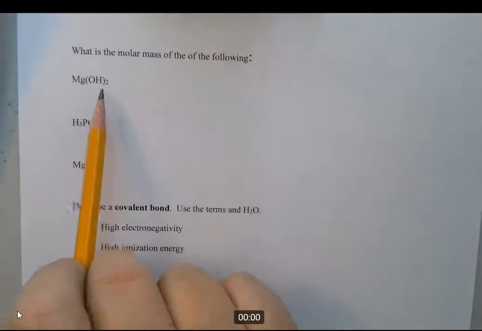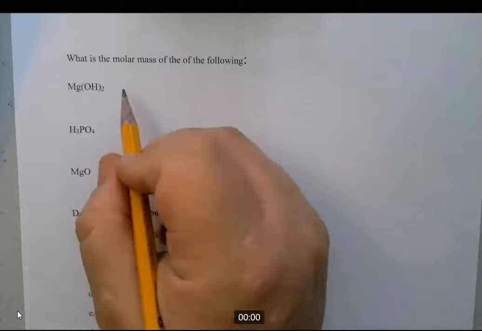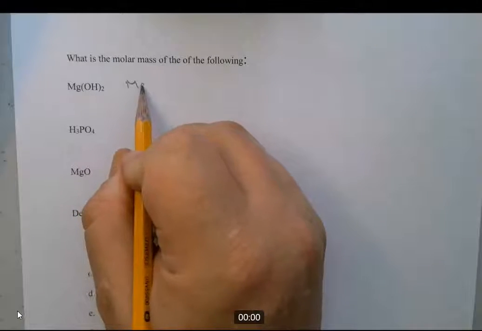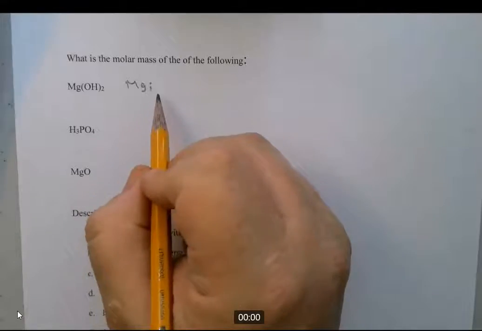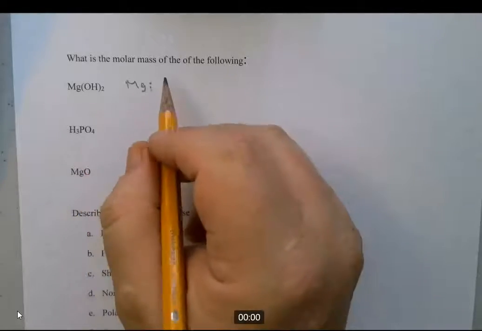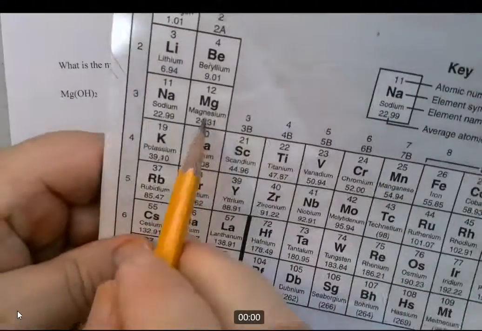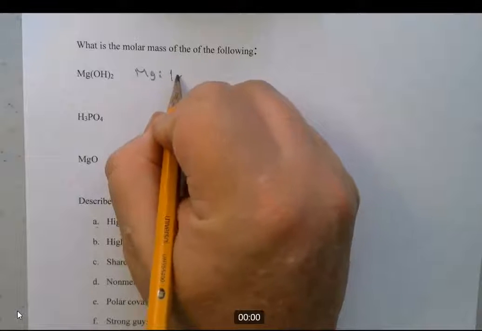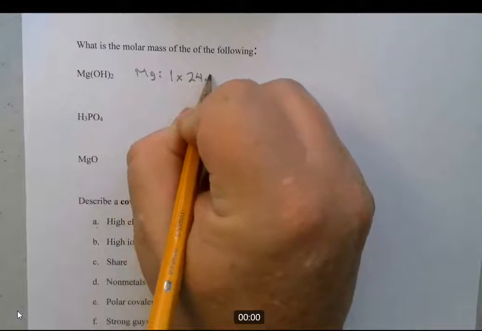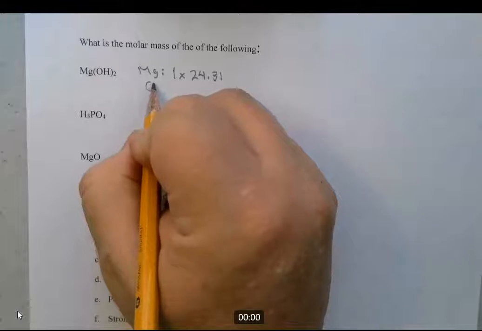All right, so Mg(OH)2, and that's going to give you, so you just go ahead. Again, some of you can do these practically in your head, or you know how to organize them real quickly. So it has 1 magnesium, and magnesium is 24.31. So again, you get all these off the periodic table. Grams per mole. Oxygen, there's 2 of them.